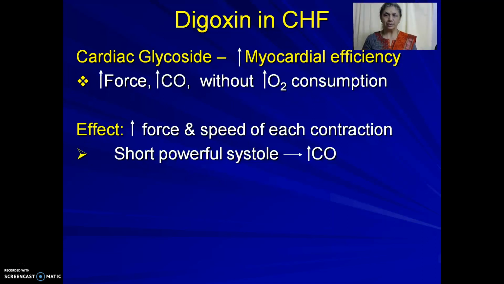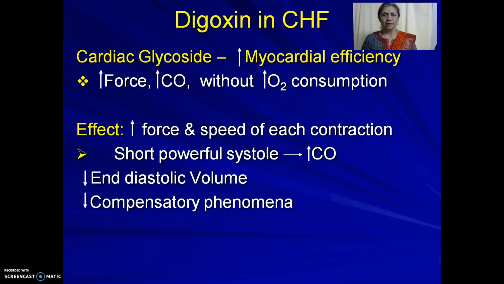And what are the secondary benefits? Earlier, because the output was decreased, but the compensatory mechanism was putting back more blood, end diastolic volume was going on increasing, and the larger the fiber length at the end of diastole, the greater is the energy required for contraction. So increased end diastolic volume was increasing the energy required for contraction.